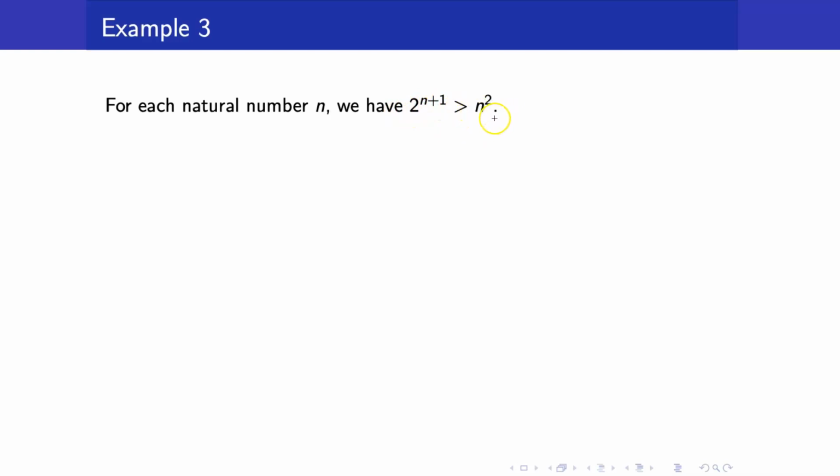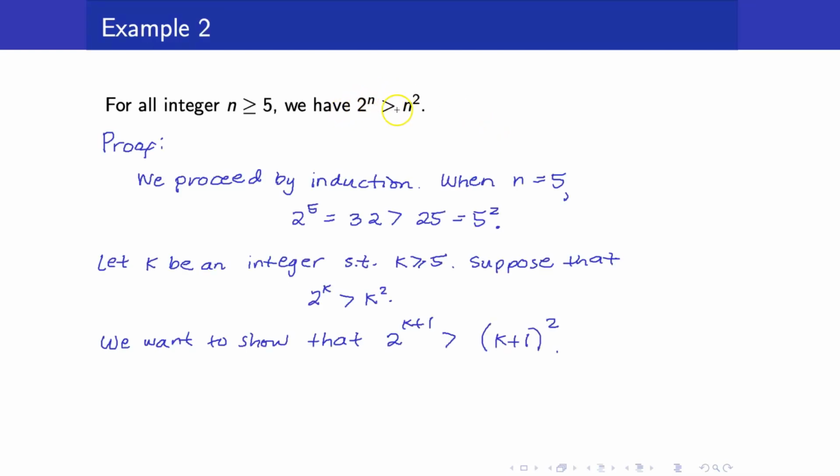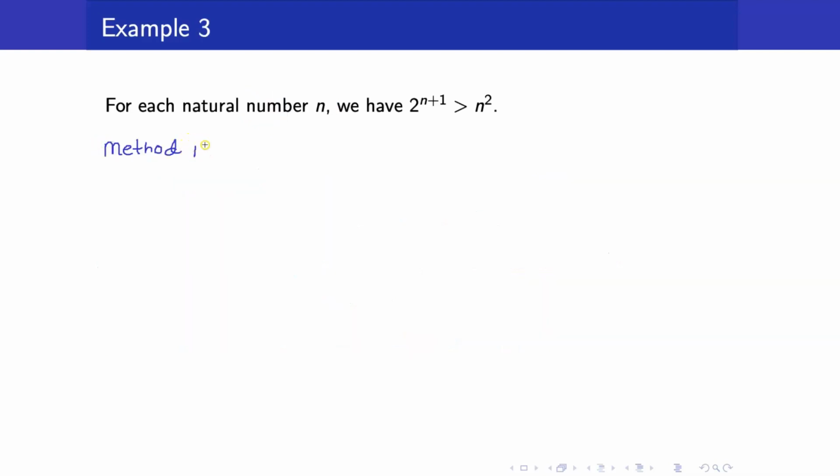Now take note of the similarity of this with example 2. We have here 2 to the n is greater than n squared, but this is only true when n is greater than or equal to 5. So for our first method, you can actually use example 2. From example 2, 2 to the n plus 1 is definitely greater than 2 to the n.